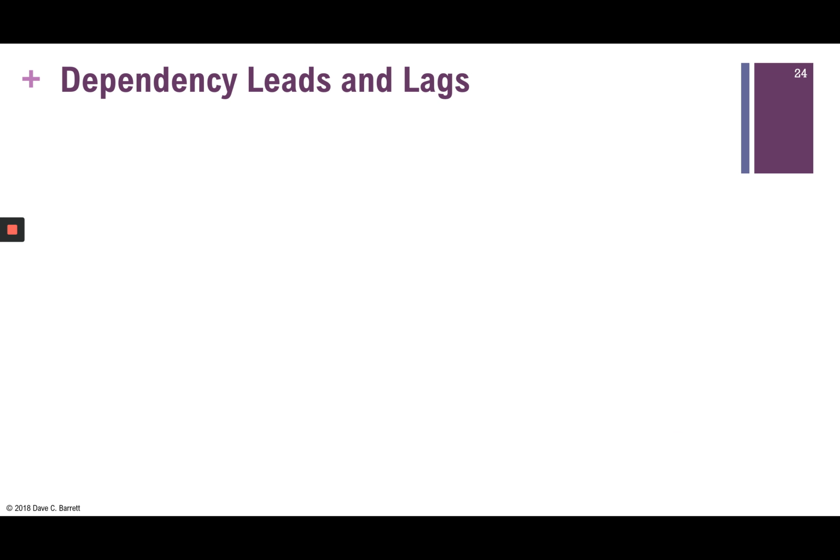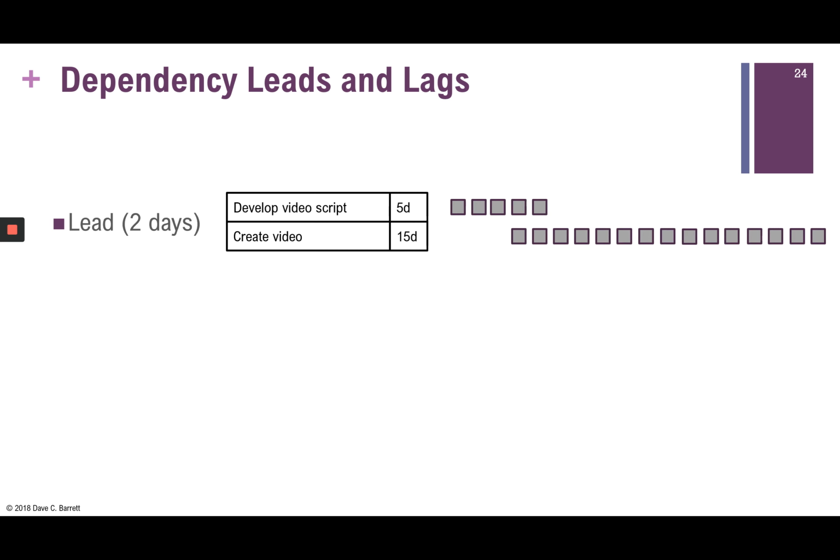There's the concept of dependency leads and lags. A lead you can think of as an overlap, where in this case, a lead of 2 days means that for this dependency, the second one can start when this is within 2 days of finishing. So you can have a finish to start dependency with a 2-day lead, which means the second one starts 2 days earlier.